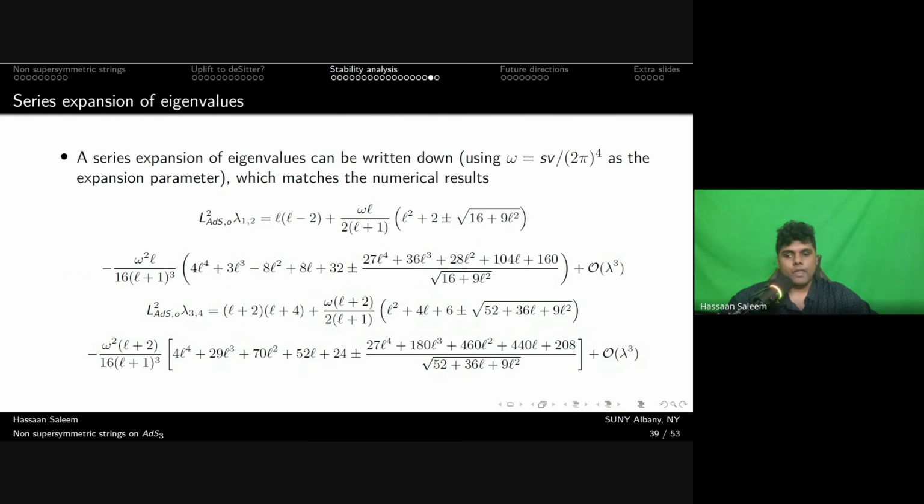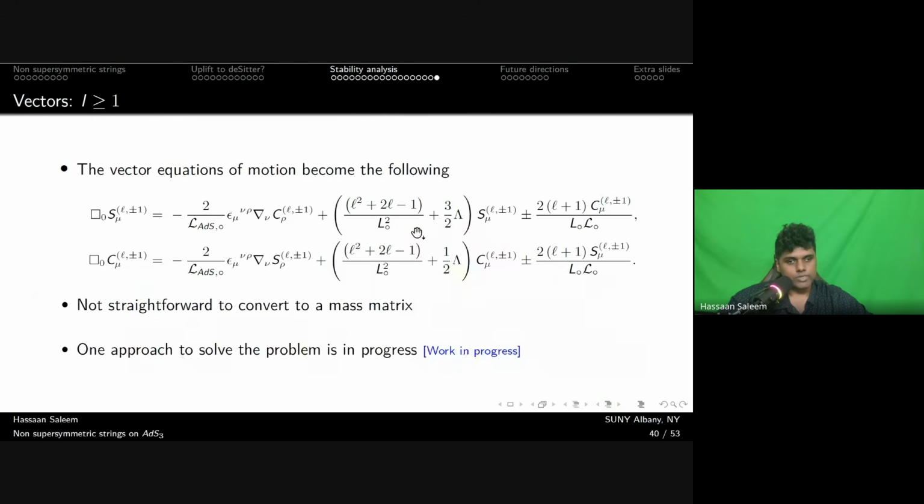Okay, now one thing that I haven't talked about yet are the vectors. What about vector fields? Are they above the BF bound? Now, the equations that you get for vectors are these equations, and it's not easy to convert them to a mass matrix. Why? Because you have these terms. And how do you decouple these terms to make these vectors into a mass matrix?